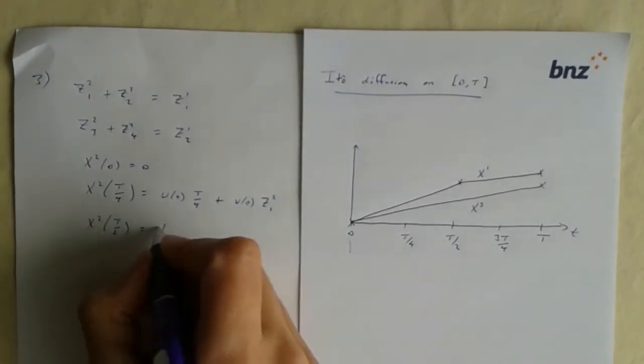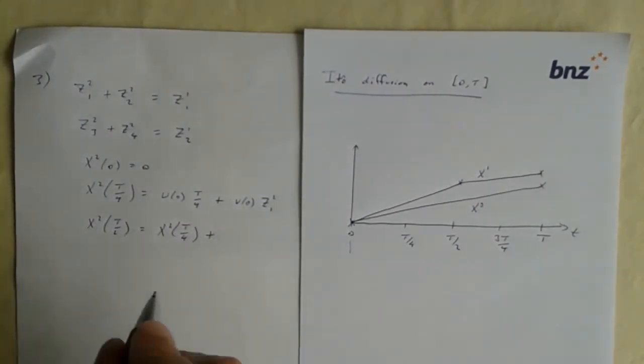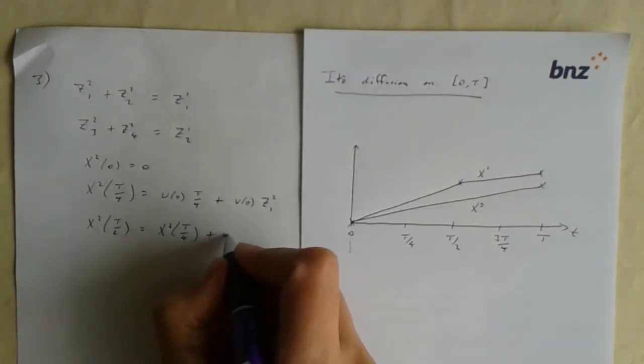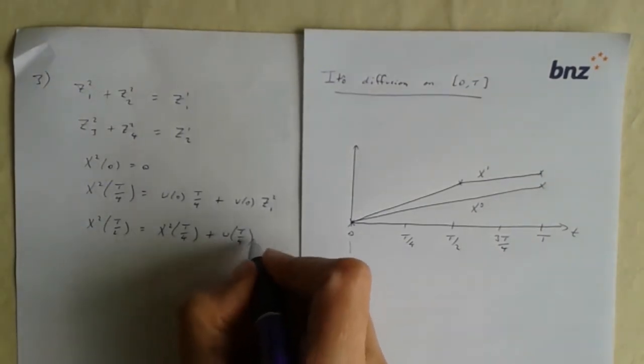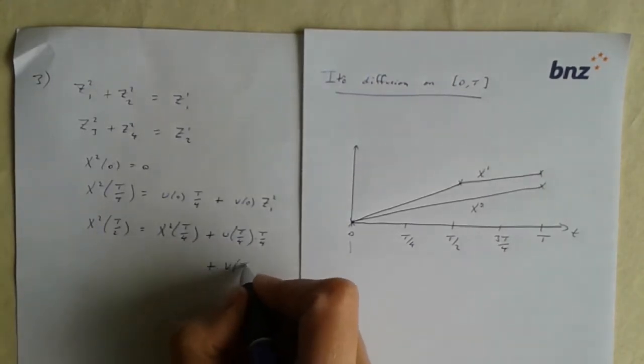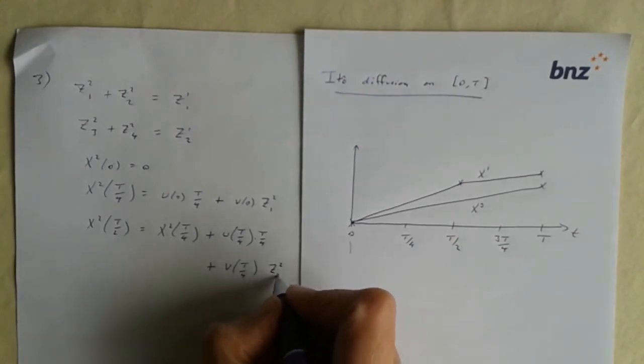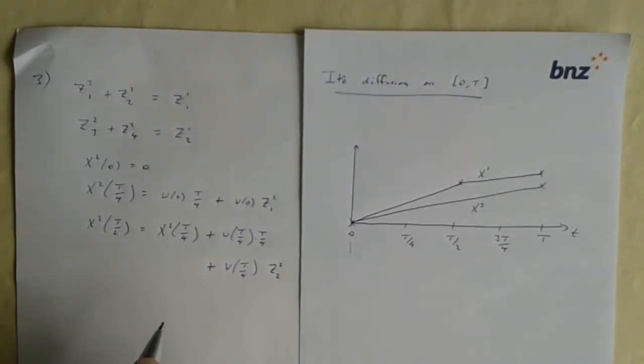At time t over 2 it'll be what it was at time t over 4 plus, and now we need the next of our random variables.